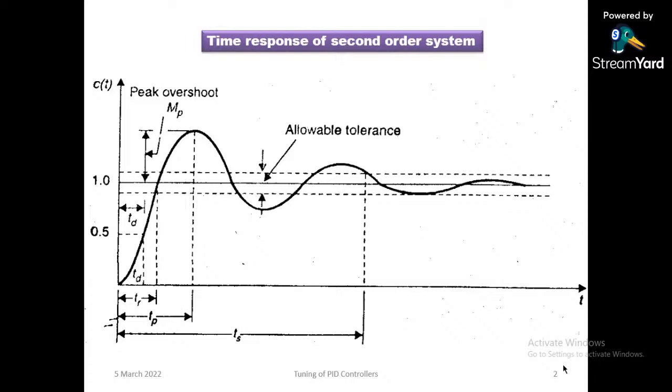Now for the underdamped case, you will get oscillations initially, and those oscillations will get damped out after a certain time. We can see my next slide, that is time response of a second order system.